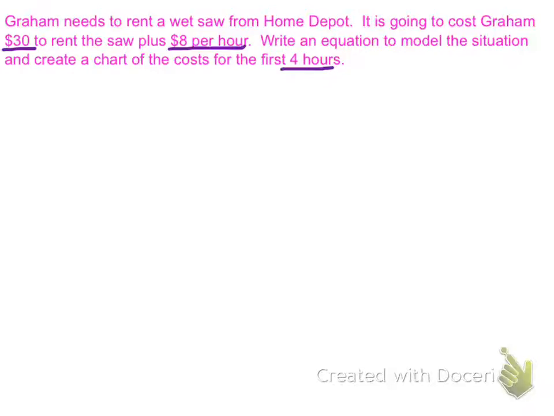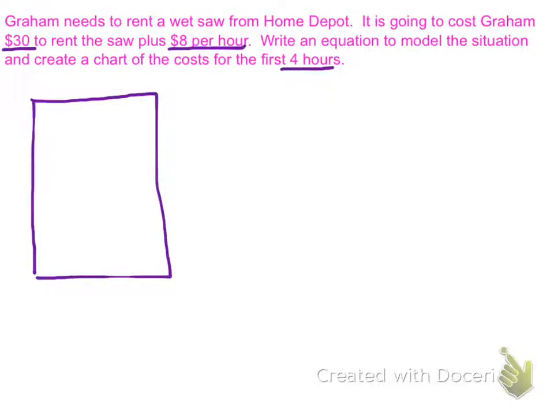So if I create my chart, draw my box, split it in half, and we can call this X and Y. And then my values, let's just start off with 0, 1, 2, 3, and 4, because we want the first 4 hours.